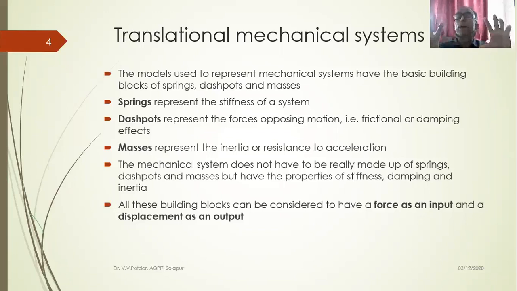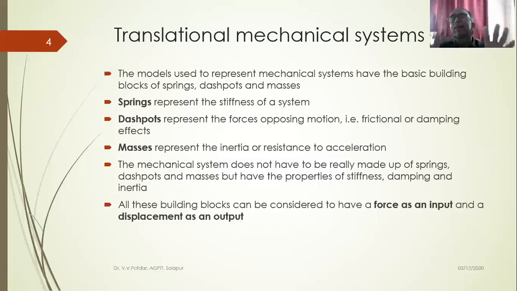So any translational system will have the inertia effect if they have got masses. So the researchers identified that for modeling a translational mechanical system, mass is required. So mass in any form, the vehicle mass and the rider mass, isn't it?